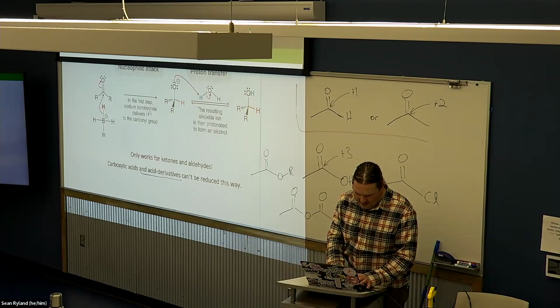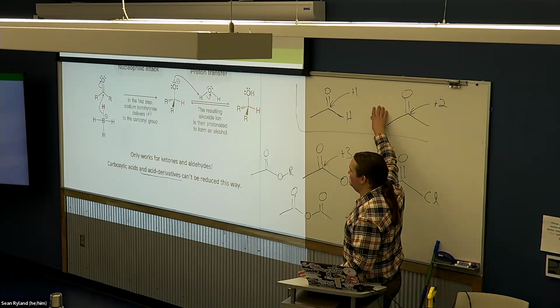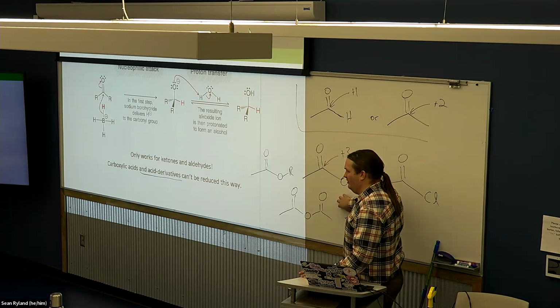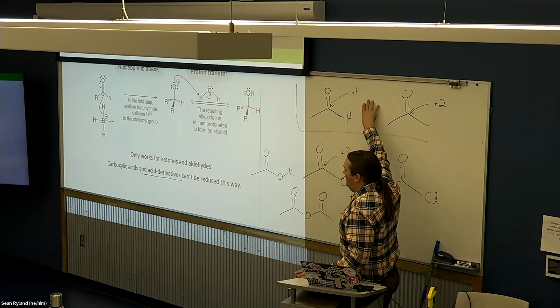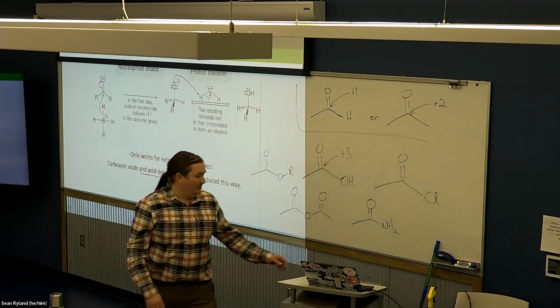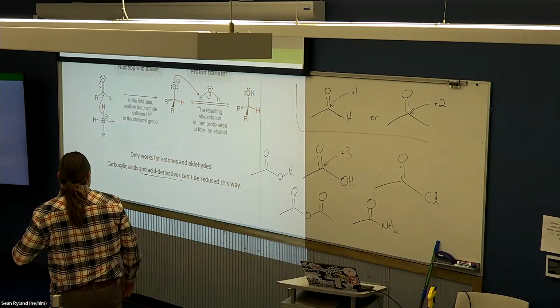I believe that the acid derivatives are class 1 and these are class 2, but it doesn't really matter that much as long as we know that the acids and acid derivatives are all together and the aldehydes and the ketones are all together. I'll figure out what terminology our textbook uses for that during break.